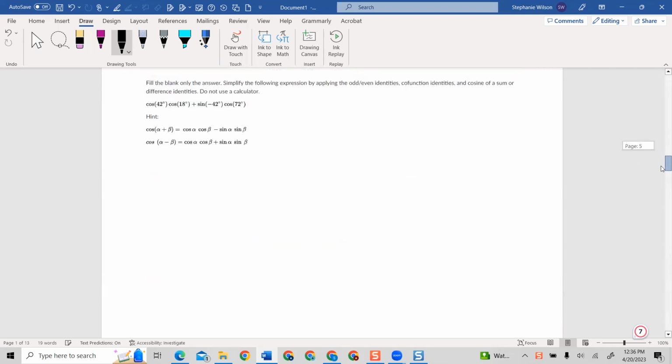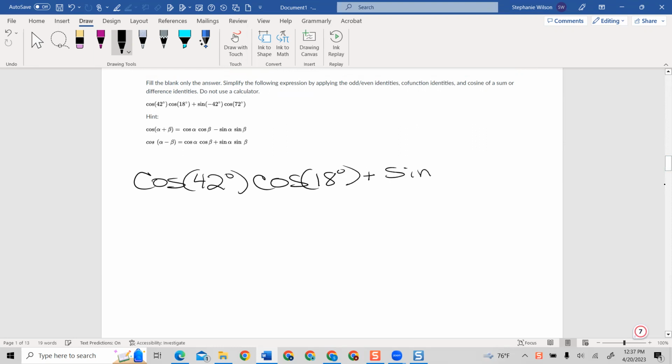Now let's work on this next identity. This expression says, well, look, check it out. It's got evens and odds. So if you notice, I'm just going to rewrite this, we're again working with cosine identities. I want to rewrite the identities.